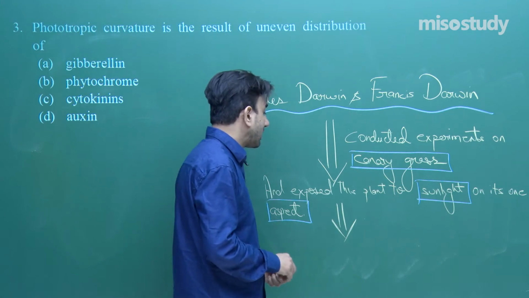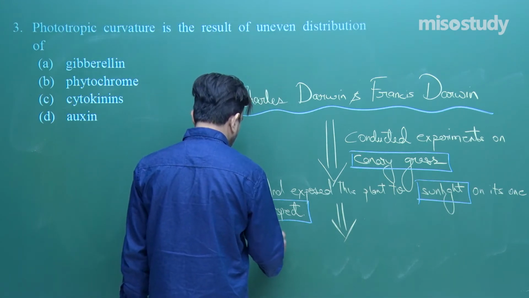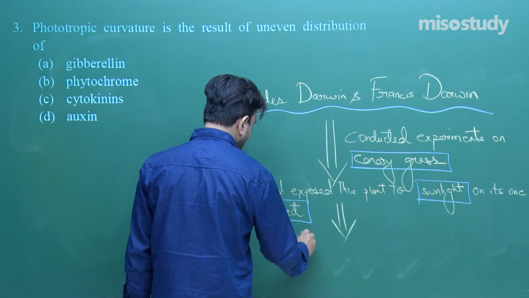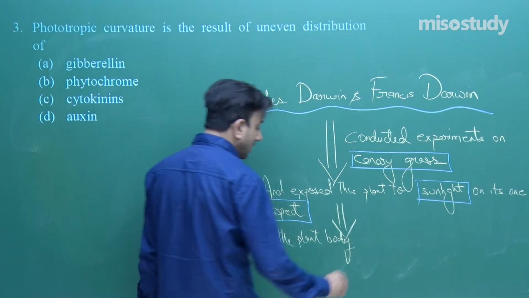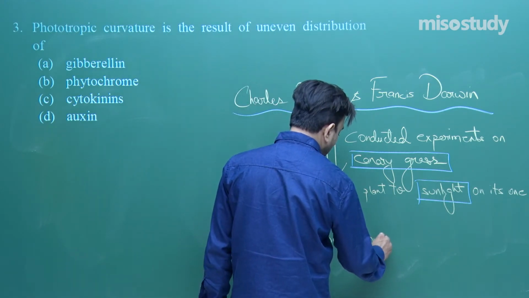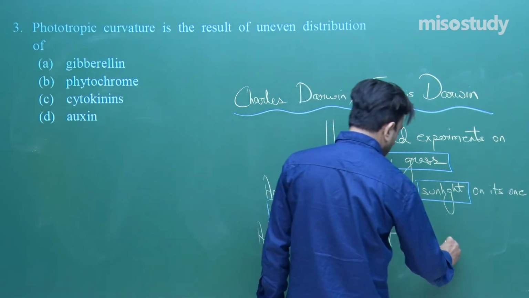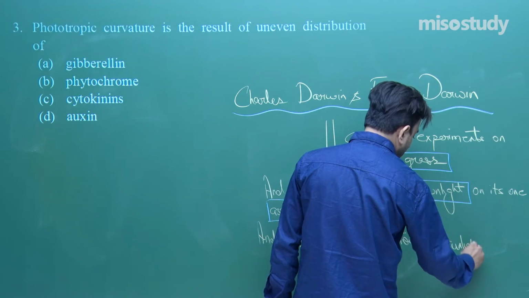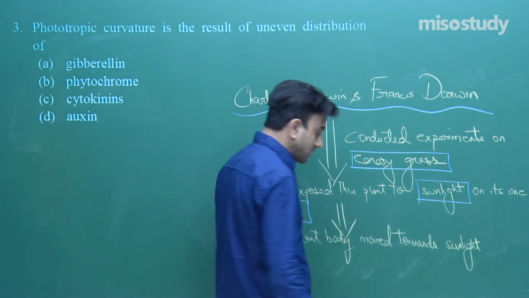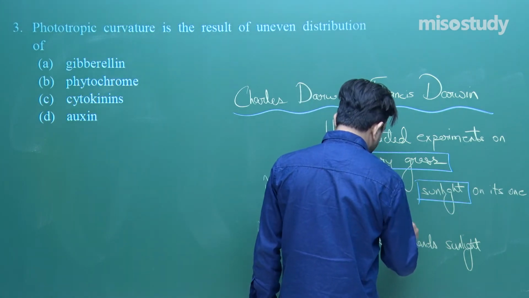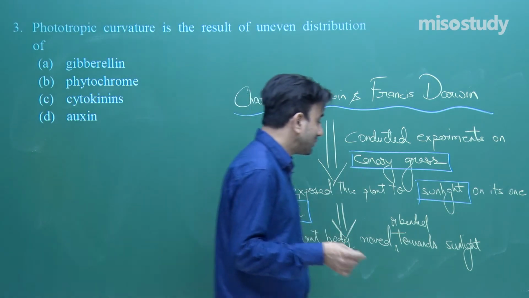So they exposed this plant to sunlight on its one aspect, and the plant body moved or bent towards the sunlight, showing the phototropic movement.